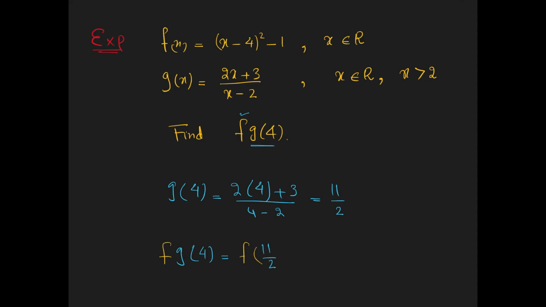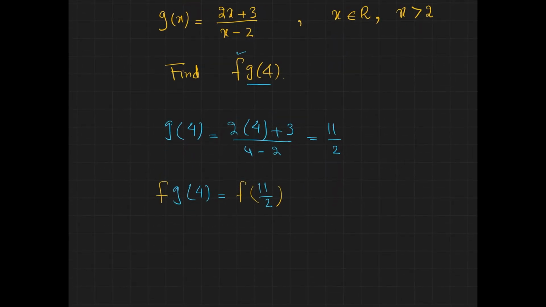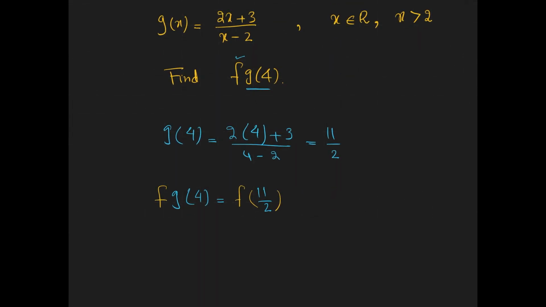So f of 11 over 2. f of 11 over 2 simply means that in this function f, we replace x by 11 over 2. So we will get (11 over 2 minus 4) whole square minus 1.